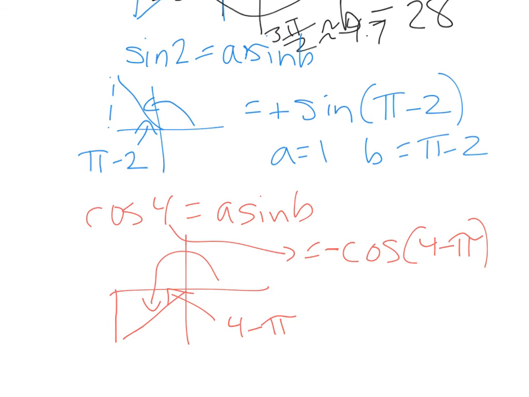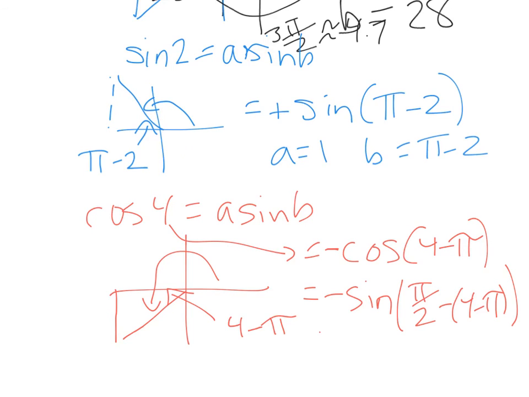All right, well now let's just change this in terms of sine using the not Pythagorean, my goodness, it's getting late. The cofunction identity. So minus sine of, normally we'd say 90 minus in degrees, but we're going to say pi over 2 minus (4 minus pi), minus that acute angle.